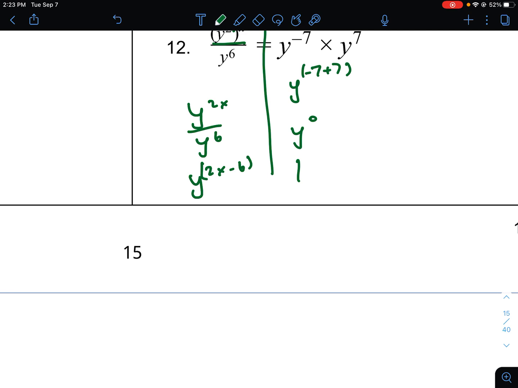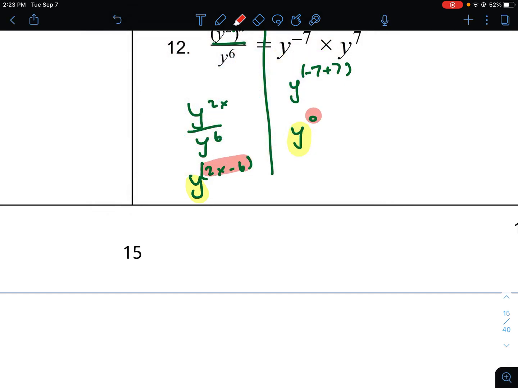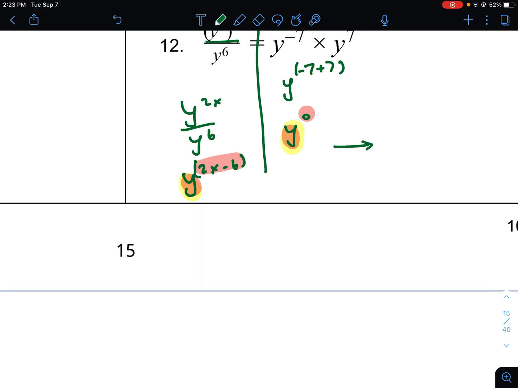All right. So here's the part that gets weird. The bases are the same, right? y and y. And then we just have these exponents. What you could do now is basically set this exponent equal to that exponent, because we know the bases are the same. So we're going to ignore the base, which is y, and we're just going to write the exponents, the powers. 2x minus 6 equals 0.